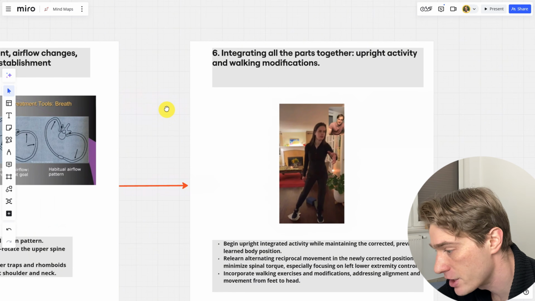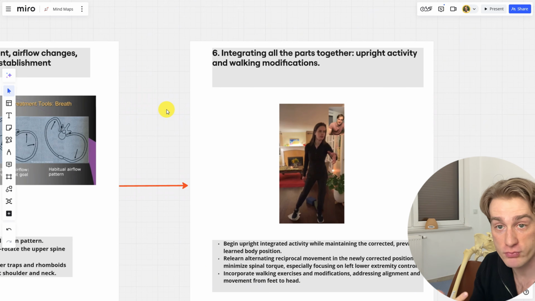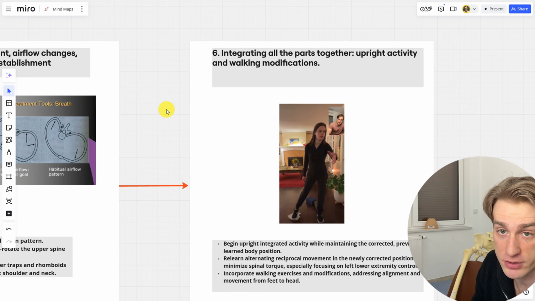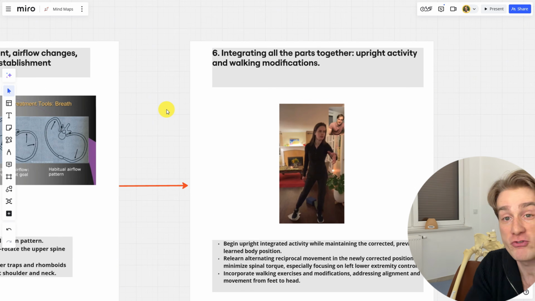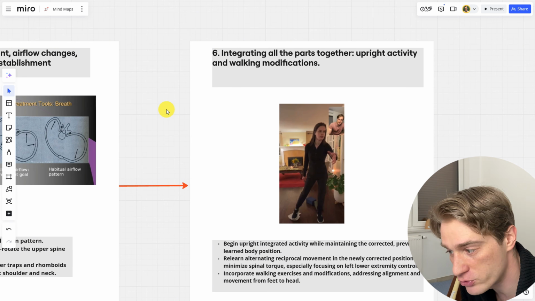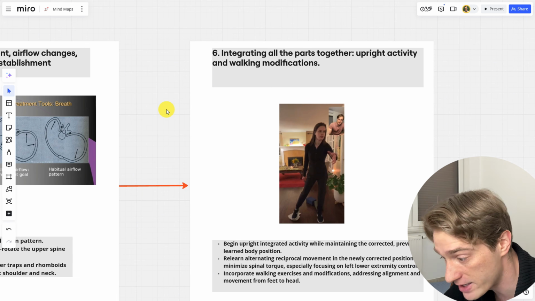And the last thing is integrating all of the previous parts into one movement, into the walk, into the standing activities, which is the most difficult part to do because you have to focus on various things at the same time. You have to train your neurology to make it unconscious behavior, finally.